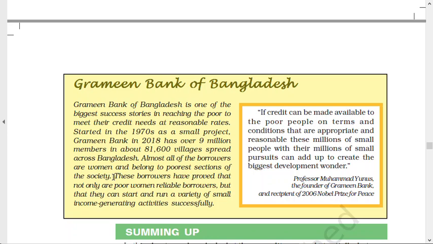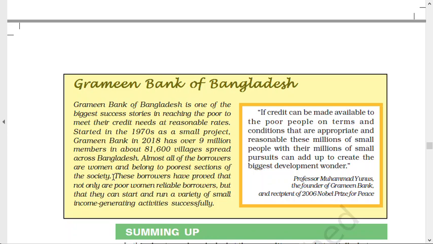What are their men doing? Naturally, they are working in the farms. They migrate to the cities. They work over there. Not necessarily every time they get a job or something. So eventually back at home, how to survive and how to support the family for a better living, right?